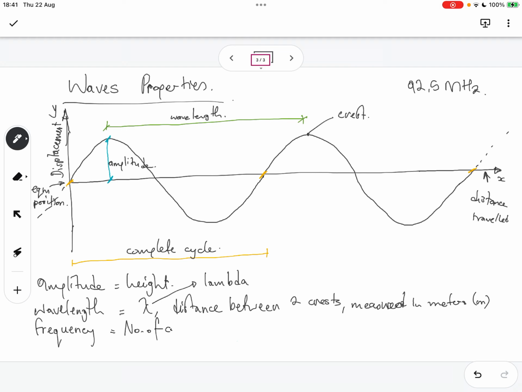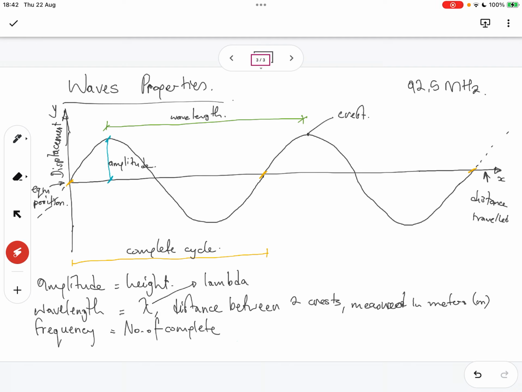So number of complete waves. Complete waves being starting from rest position to a crest, back to rest, below the rest position, and then back again to rest. So that's a complete wave. It repeats again, and again.